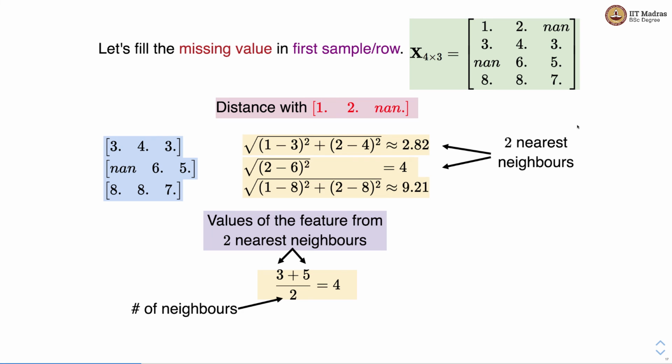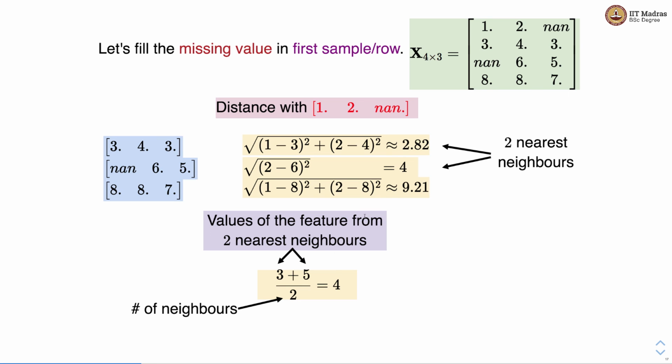Now we'll fill up this missing value using, let's say, a mean strategy. We calculate the mean of this particular feature based on these 2 nearest neighbors. We just consider these 2 values because these are the 2 nearest neighbors. Here 2 is the number of nearest neighbors, and 3 and 5 are the values of the third feature, where we have a missing value in the first example.